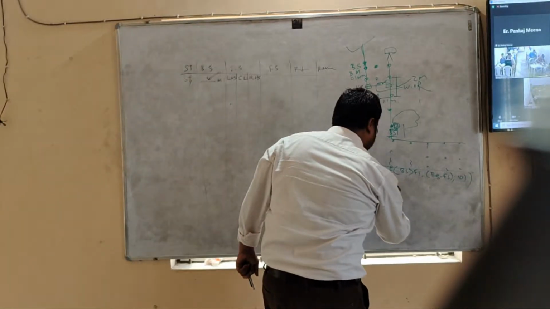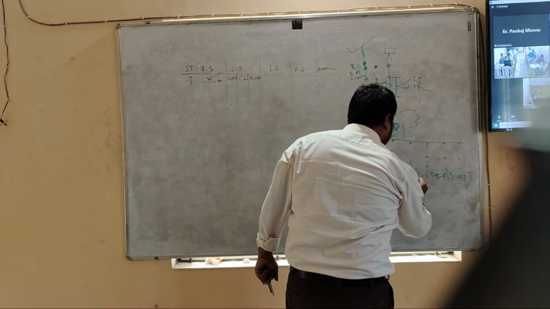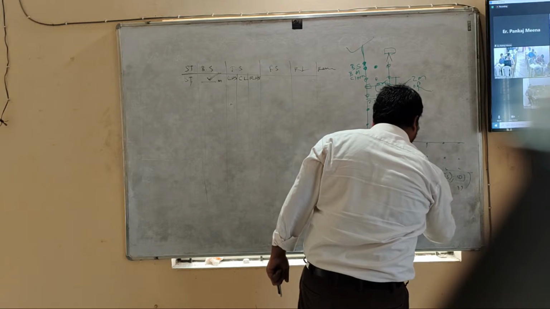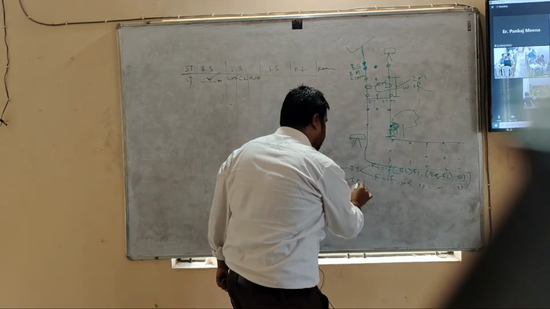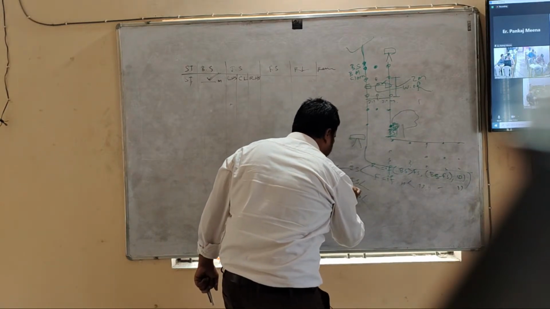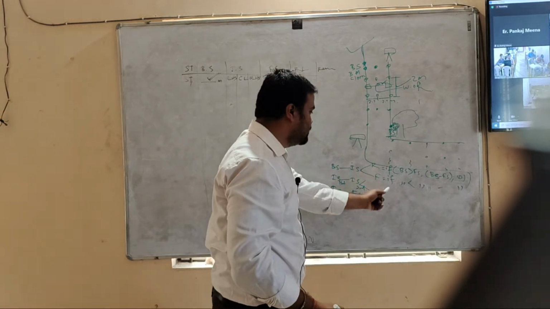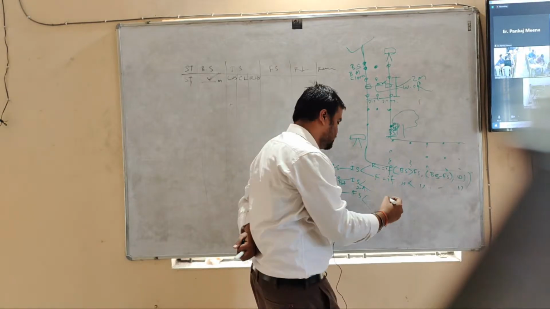And in the fall case it is less than, and the same thing will appear here also. And intermediate side, suppose this is the first intermediate and this is the second intermediate, we will do accordingly by using the IF function.